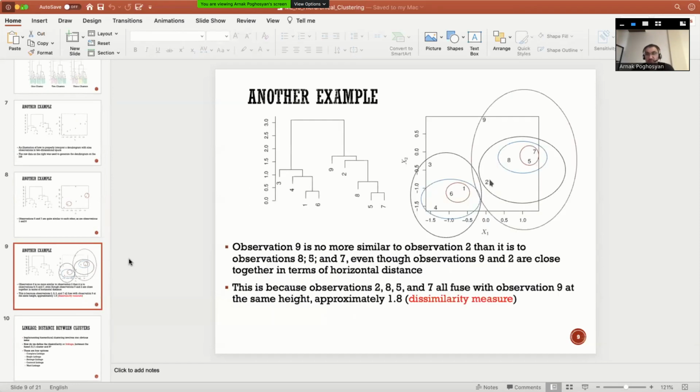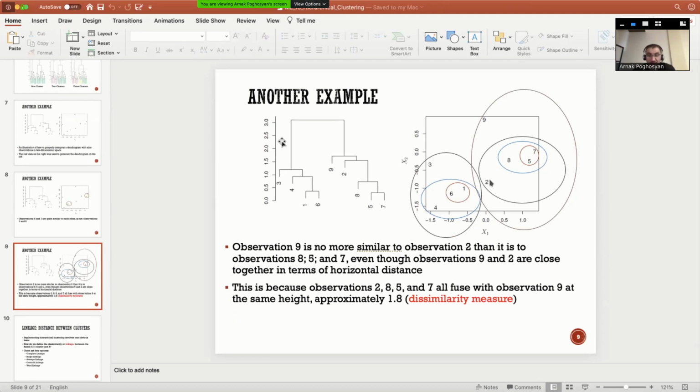Then here you see, 8 is merged with 5 and 7, then 2 with this blue cluster, then 9 is coming. And you saw that the bigger our clusters are becoming, the farther the corresponding points are. That is why in the corresponding dendrogram, the similarities are growing when you are going from bottom to top.